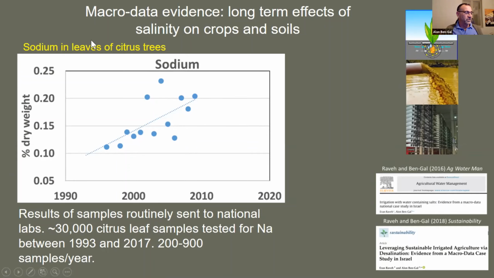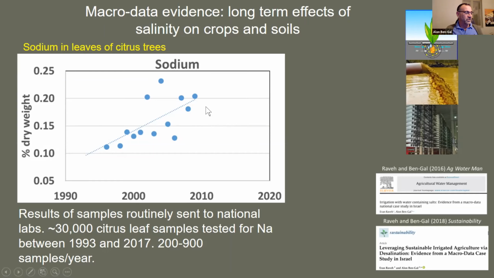Here we're using sodium in leaves of citrus trees from labs all around the country. It's big data, hundreds of samples per year from all over the country, and we see this trend of increasing salts in the leaves of the trees over time, again because of the combined high efficiency and lower quality water.